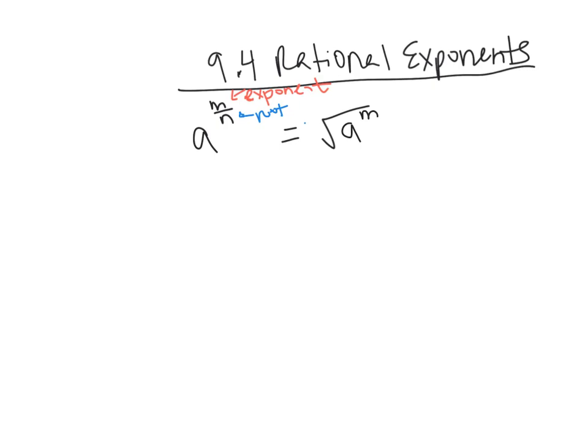So because this is the nth root, I would put a little n on the outside. And the order does not matter. So a raised to the m over n could be rewritten as the nth root of a to the m.